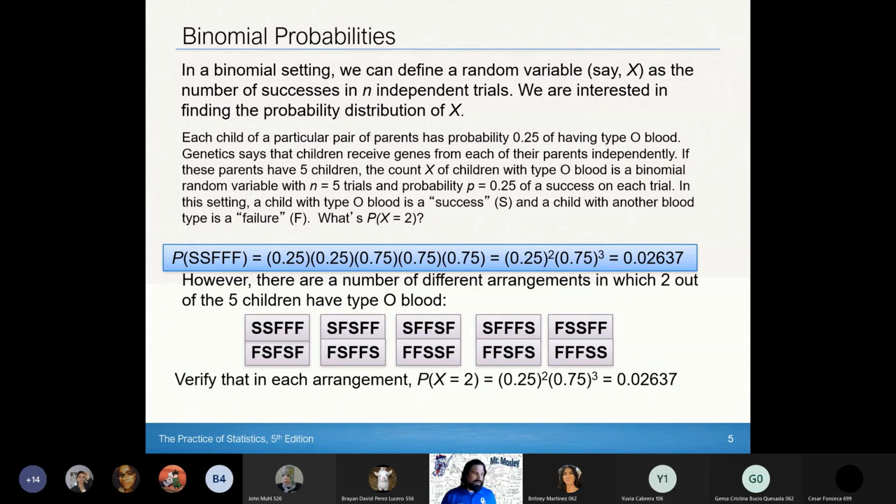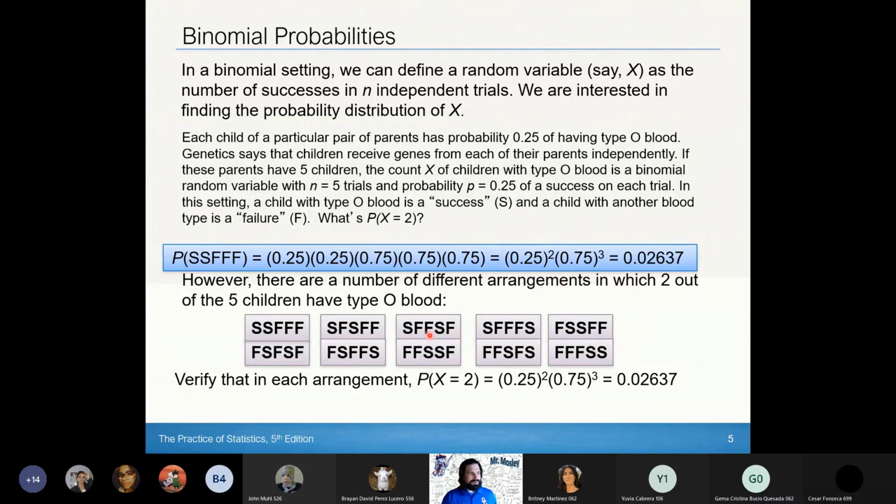We could verify that each of these arrangements has the same probability as the one we already calculated, 0.02637. And that's because of rules of multiplication. It doesn't matter the order in which we multiply these things, we'll end up with the same equation.